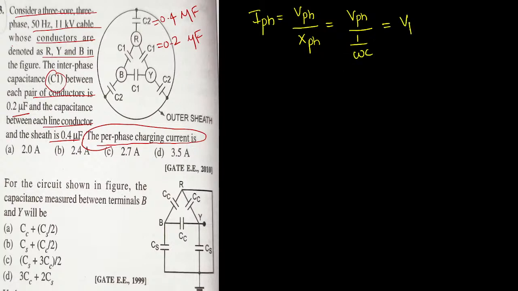From this I can say per phase voltage into omega into c. That's all. From this omega can be replaced by 2 pi f. So it can be written as per phase voltage into 2 pi f into c. So this is the formula to obtain the per phase charging current. Okay, fine sir. Very simple.